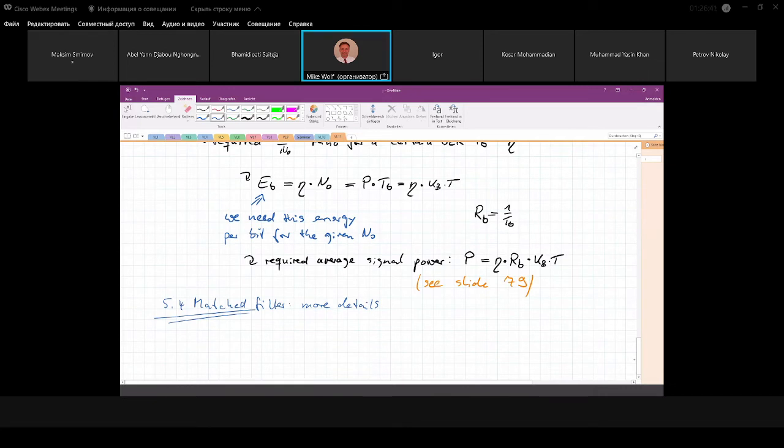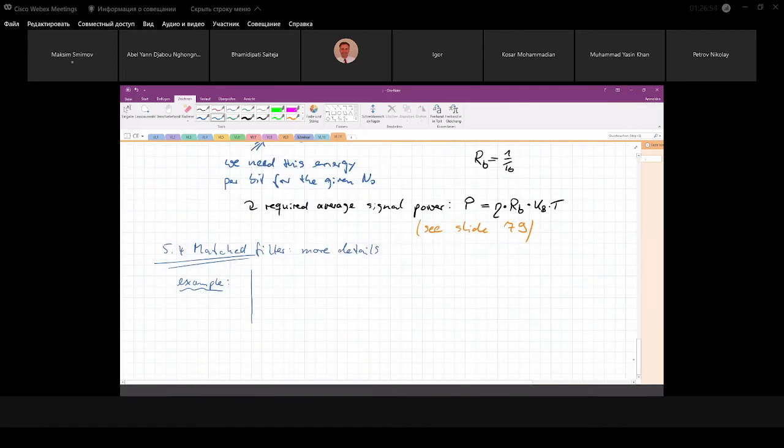Say, consider an example. The following signal looks like this.